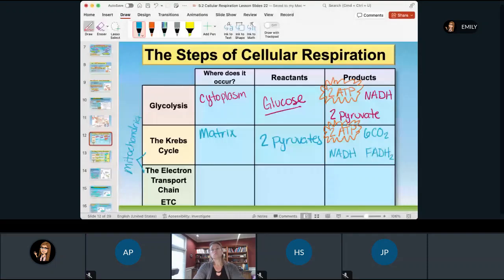Okay? Now, we're on to stage 3. So where does stage 3 take place? Where does the electron transport chain occur? Where does that happen? What part of the mitochondria?